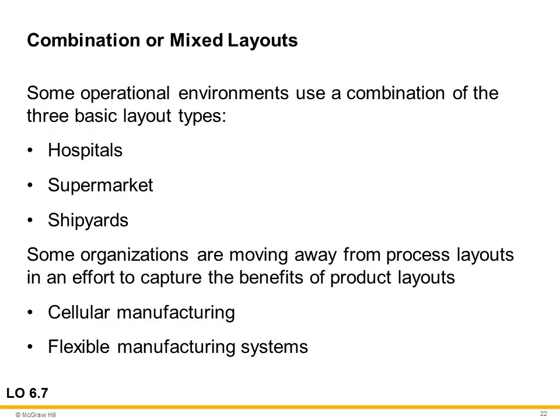Supermarkets also have 2 kinds of layout: a small layout for fast shopping, and a larger one. In hybrid layouts, we have 2 famous terms in the manufacturing domain: cellular manufacturing and flexible manufacturing systems.